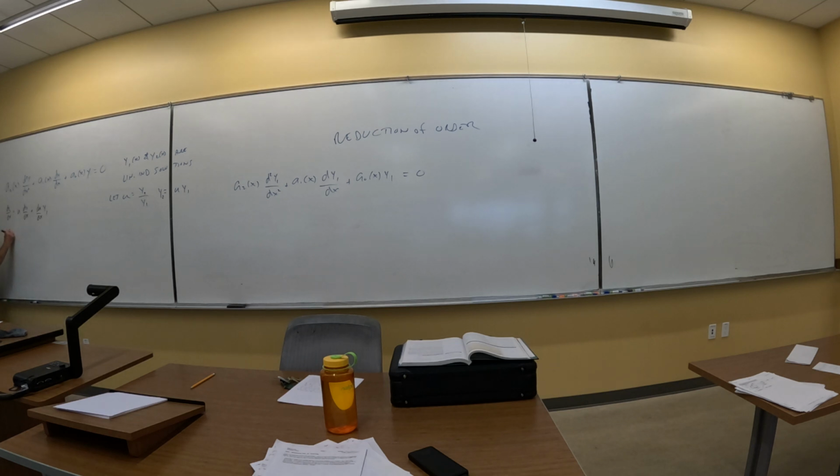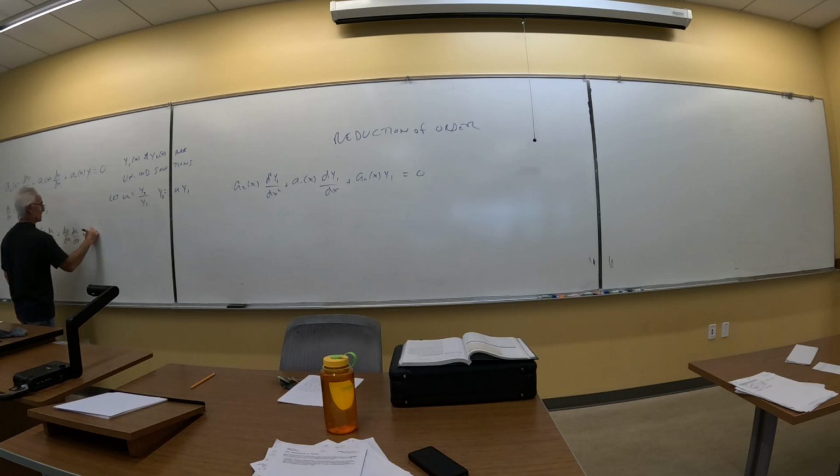Now, the second derivative. So first times derivative of second plus second times derivative of first. And then here, first times derivative of second, you notice something, I have the same thing twice, and then second times derivative of first. Everybody see that those combine?